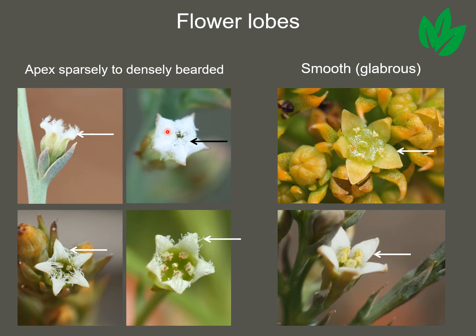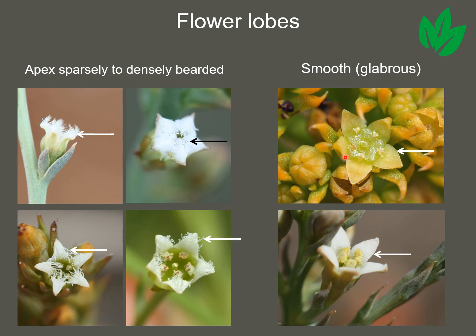So as you can see here, sometimes the hairs are quite dense, sometimes they're a bit more sparse, but the takeaway being that the hairs are present on the apex of the lobes, and this is what we call bearded flower lobes.